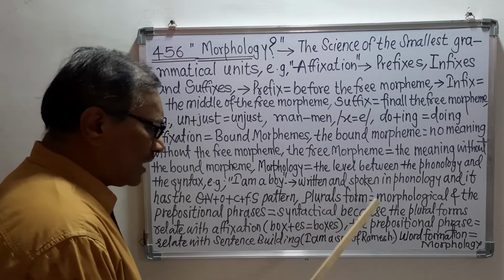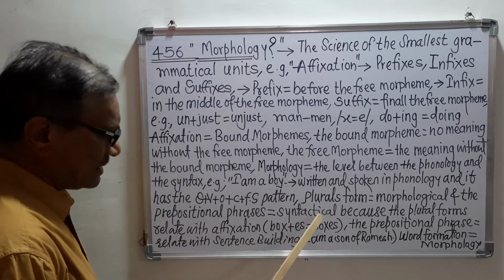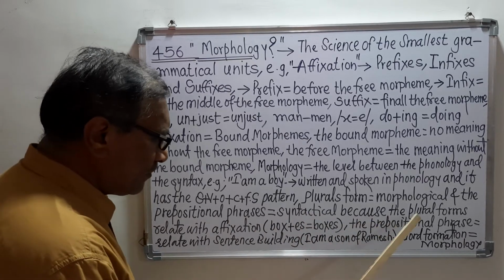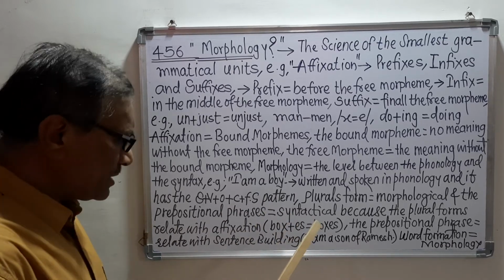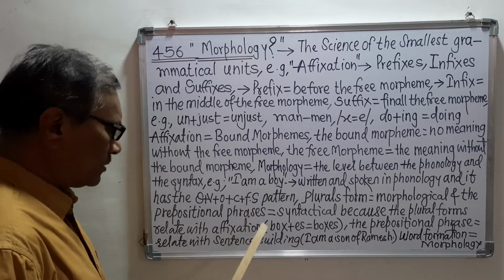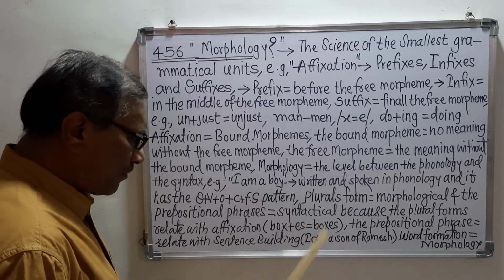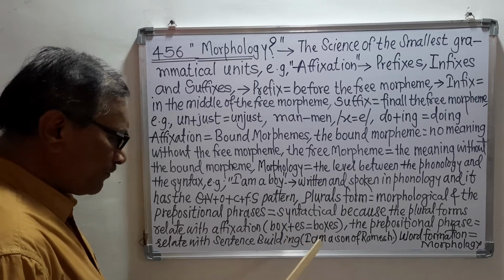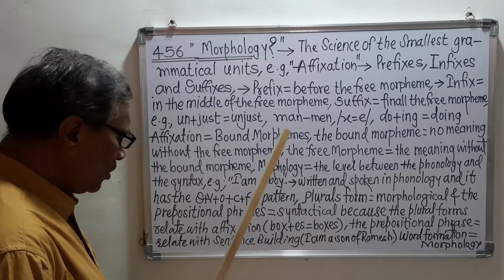So plural forms are morphological and prepositional phrases are syntactical. Why are the prepositional phrases syntactical? Because the plural forms relate with affixation. Remember, all the plural forms are related with affixation. Means, for example, we can say box plus es is equal to boxes, bag plus s is equal to bags, and boy plus s is equal to boys.